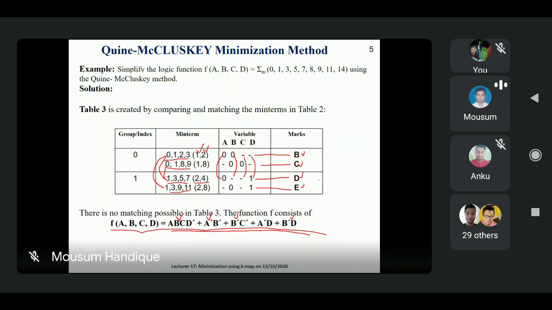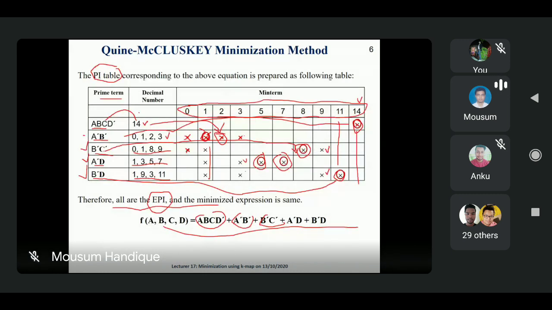But the problem is that when you are constructing the PI table, always remember when you are writing 0, 1, 2, 3, please don't use the don't care term here. Suppose 0 is don't care, then you delete this 0 from the table. If 1 is not don't care, then yes, you can put it here. Are you getting my point? After that, whatever computation you can do is the same. This table is also similar.